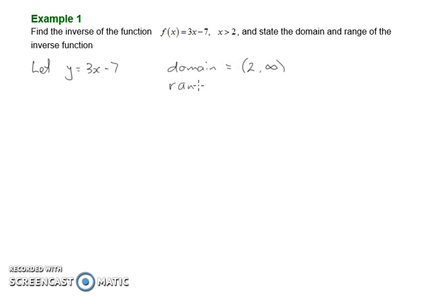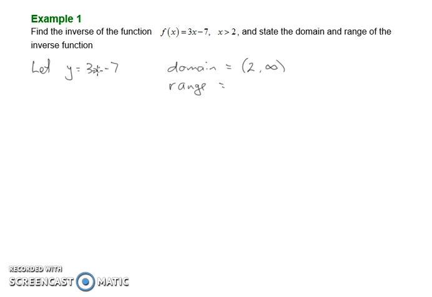The range, well, we can see that it's a straight line graph, and it's got a positive gradient, so it's going to be moving to the right and up as we increase in x values. So the starting value is going to be when x equals 2.